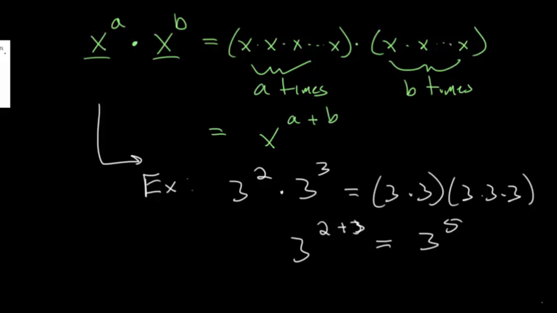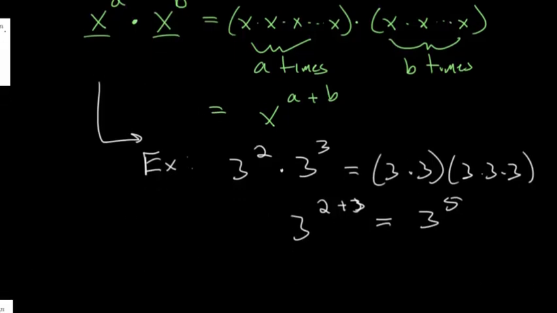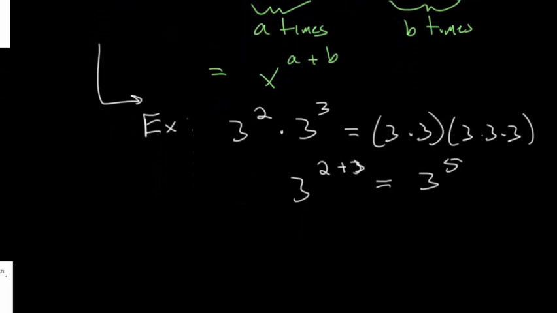One other rule that we want to focus on, let me scroll down a bit here, is when we have a quotient. So let's say we have x to the a divided by x to the b, and there are a couple different ways to look at this. For instance, you could think of this as x to the a times 1 over x to the b, where in the second expression we're dividing by x b times.